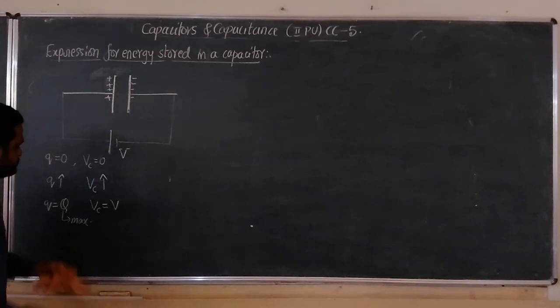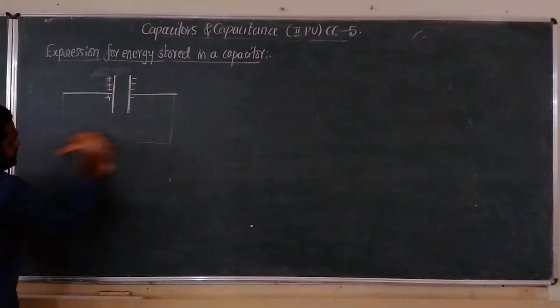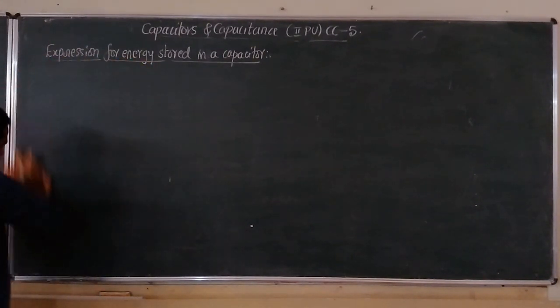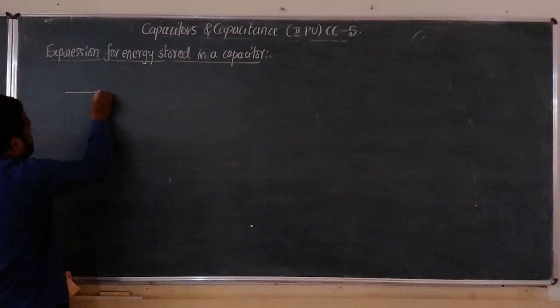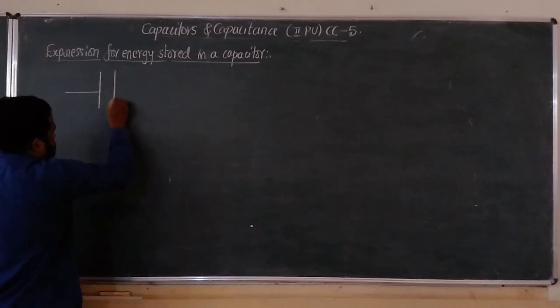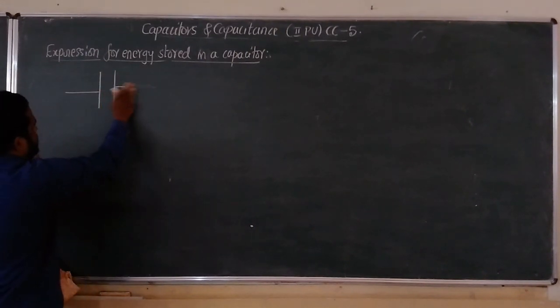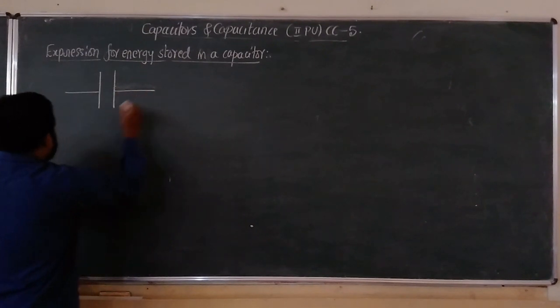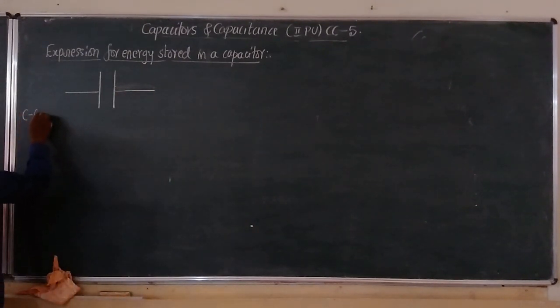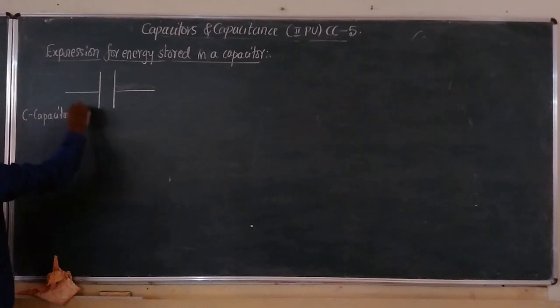Now let us try to derive the expression for energy stored in a capacitor. Let us begin with an uncharged capacitor like this. Let C be the capacitance of the capacitor, the capacity to store charge.